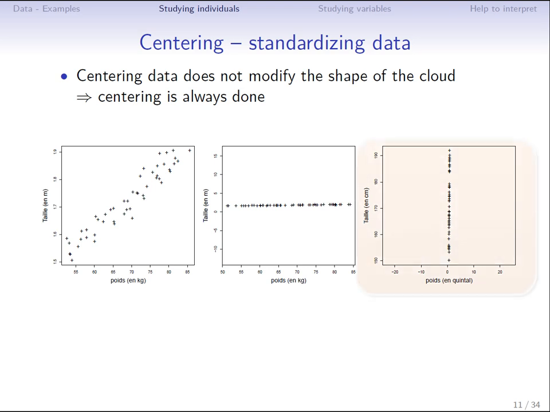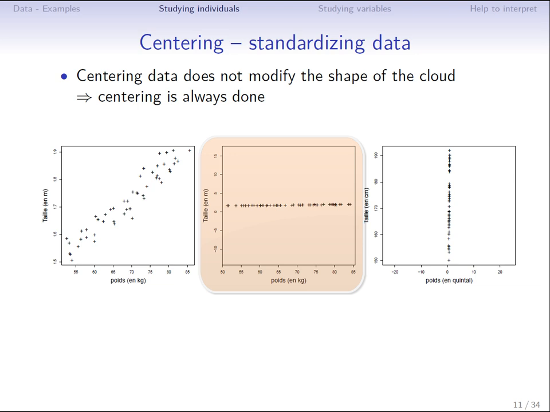In the graph on the right, we have a representation of individuals with their size and their weight. The size is in centimeters and the weight is in quintals. Now that the data are centered, we can see that the cloud of points is very elongated and vertical. In the diagram in the middle, the size is in meters and the weight in kilograms.